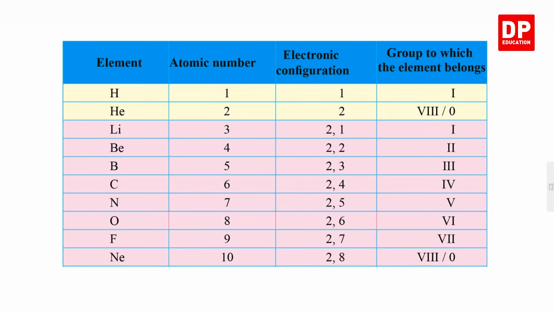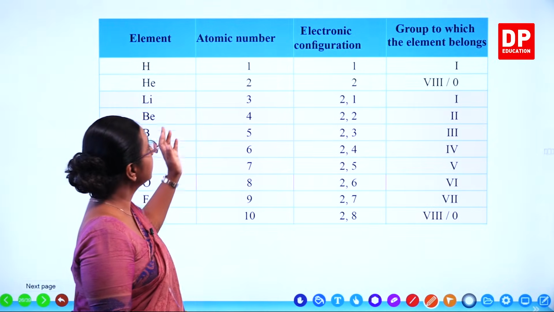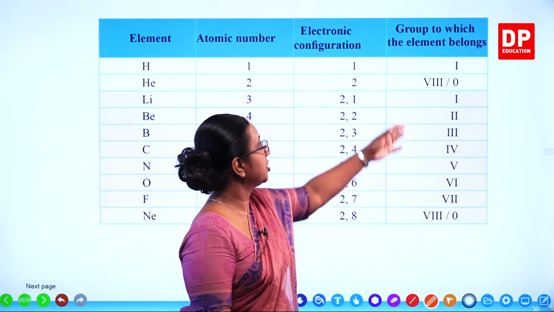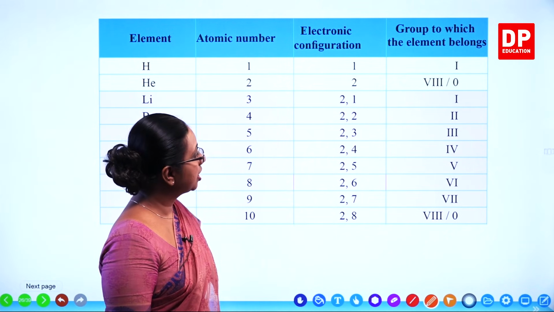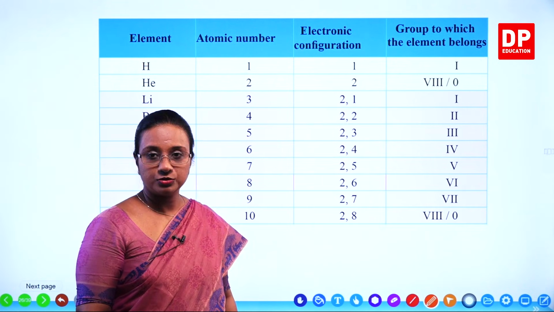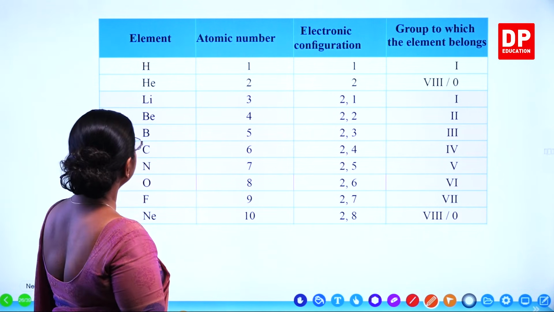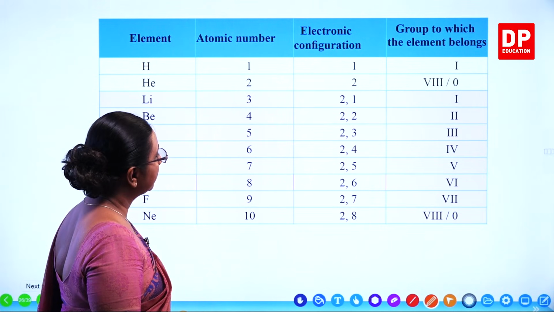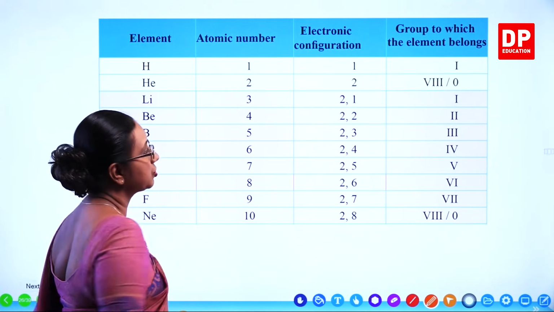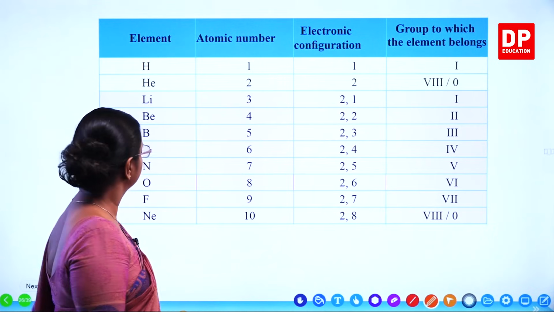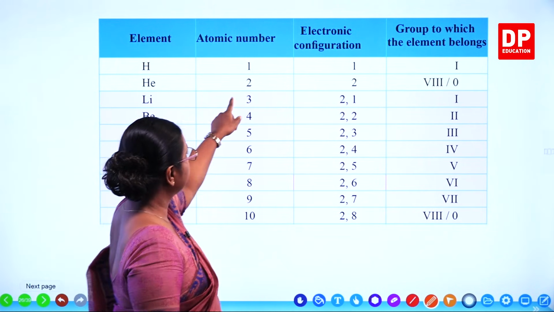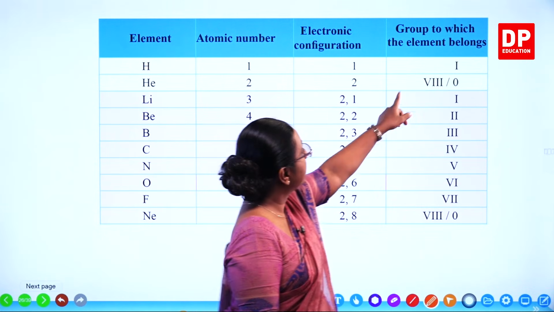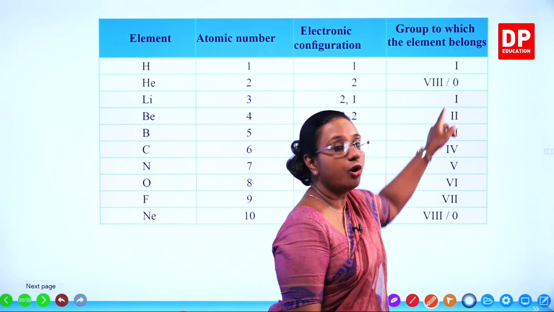Here is a summary of the elements, atomic number, electronic configuration and the group to which they belong. Hydrogen, atomic number 1, electronic configuration 1, belongs to group 1. Helium, atomic number 2, electronic configuration 2, belongs to group 8 or 0.